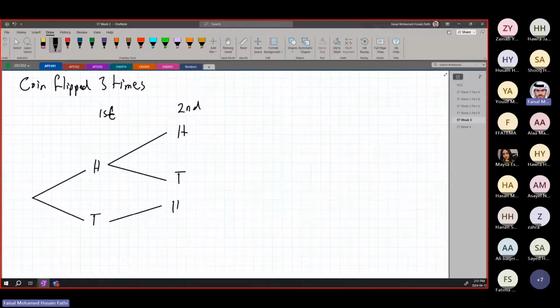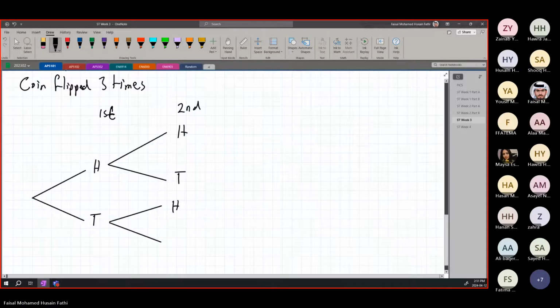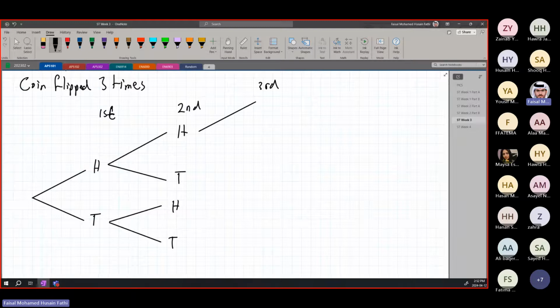And then the third flip, we're going to get heads or tails again. For each one, we're going to have 2 branches, heads or tails.